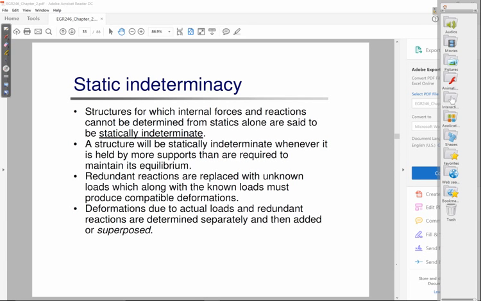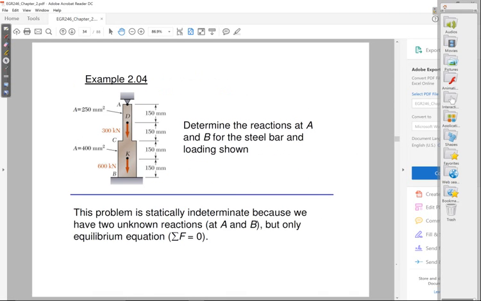So let's talk about how this really works in the problems that you might find. Let's go to the next slide. Our statically indeterminate problems are going to be something like this. You have something very similar to the problems we just looked at: a composite rod made up of a bunch of different segments, with forces being applied throughout that rod.